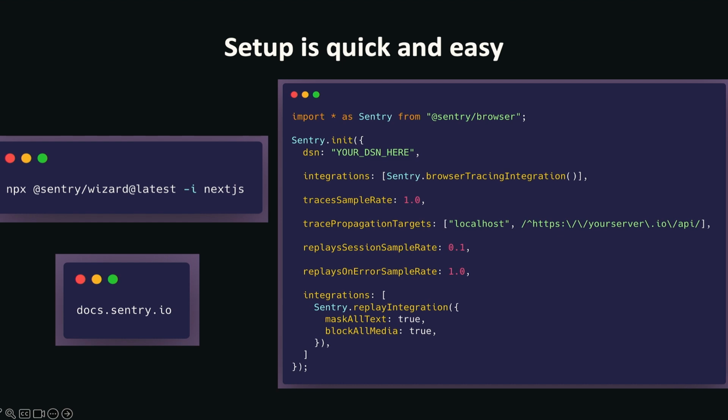You can then also modify your config file to make sure that you have tracing and session replay set up. Make sure you have your sample rates maybe at 100% when you're just testing it. Don't keep it at 100% when it's out in the wild, right? And then also decide whether or not you want to mask that in those replays.